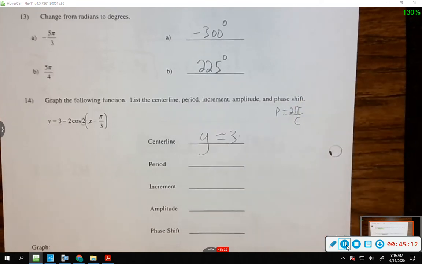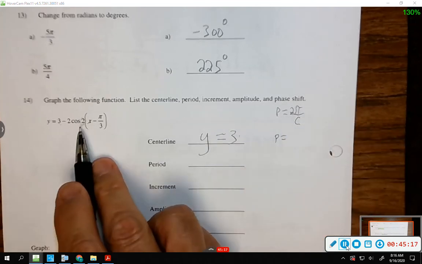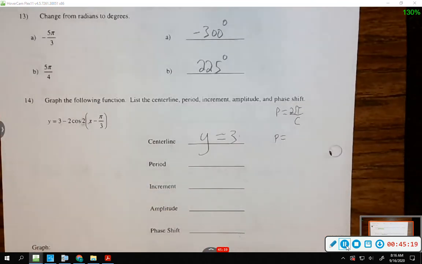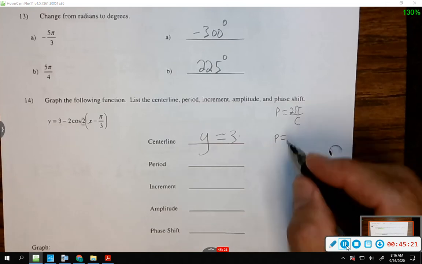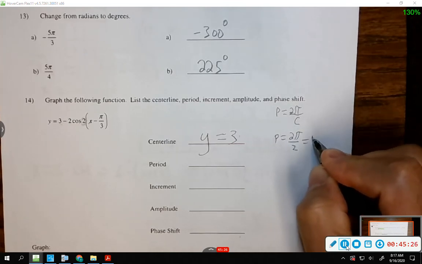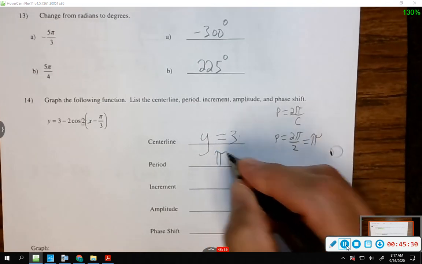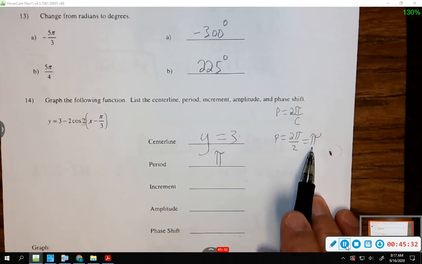That coefficient is the number outside the parentheses or the coefficient of x, depending on how the original problem is presented. So this is 2 pi over 2, which is pi. That's period. Remembering that the increment is always just a fourth of the period. It's pi over 4.